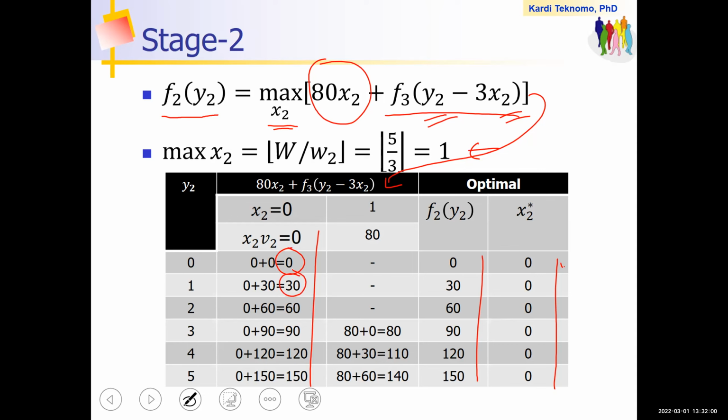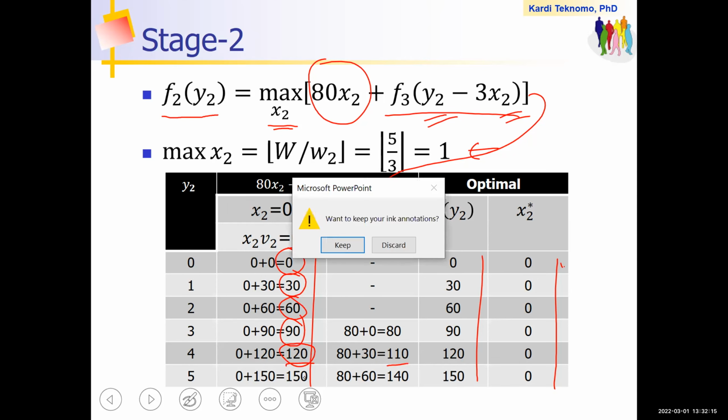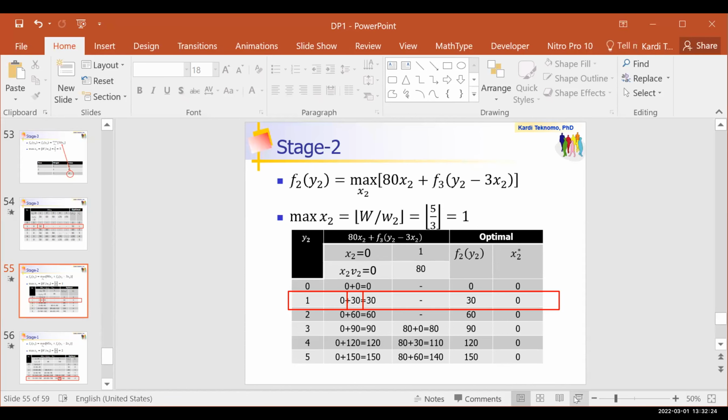This 30 is the 0. Again this is the maximum, again this is maximum, 90. And then 120 compared to 110, this is maximum. 150 compared to 140, 150 is maximum. So the x2 in this case is 0, all 0.